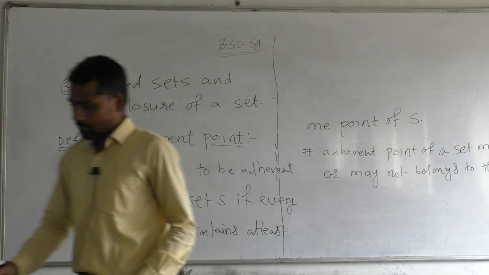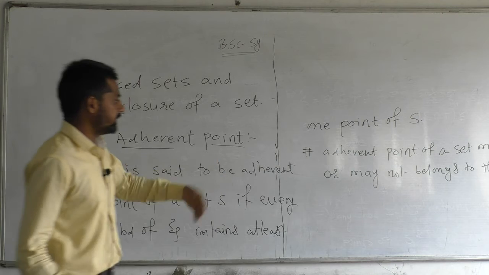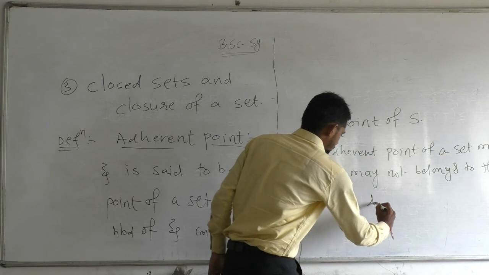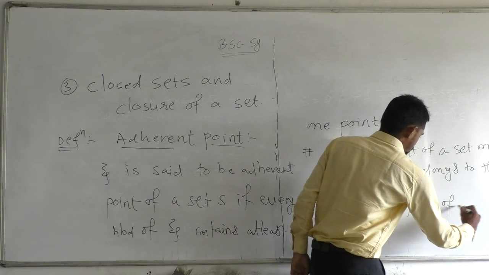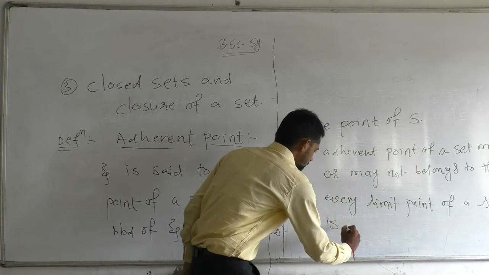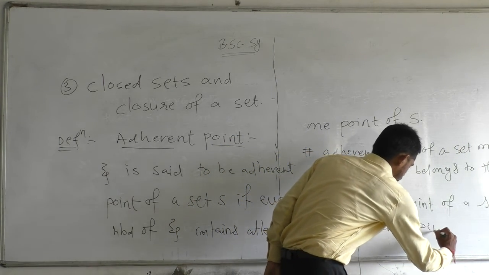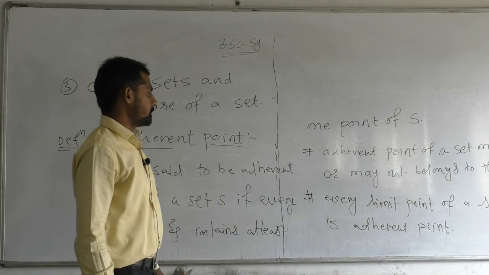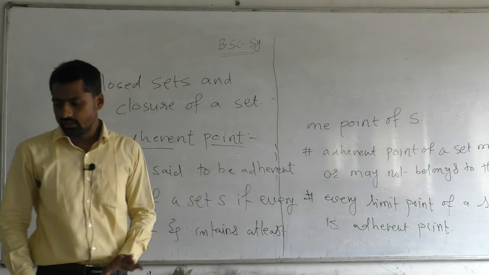Also, every limit point is an adherent point. Every limit point of a set is an adherent point. From the definition we can clearly say these two notes. Adherent point of a set may or may not belong to the set. Every limit point of the set is an adherent point.